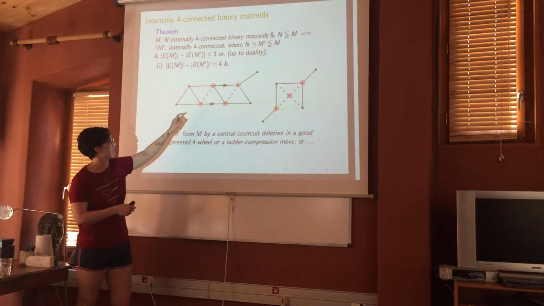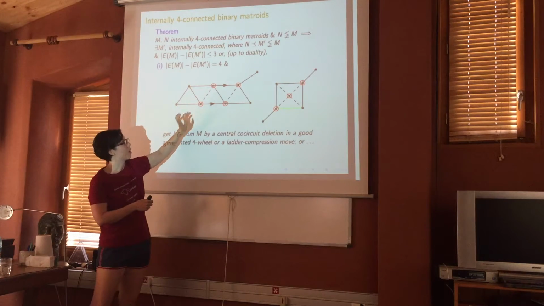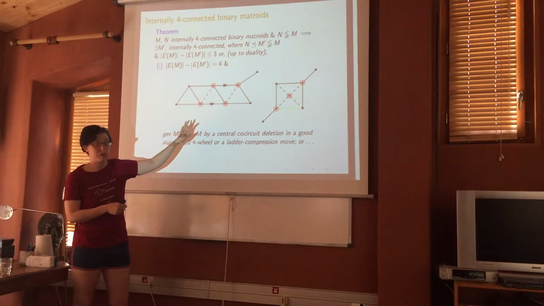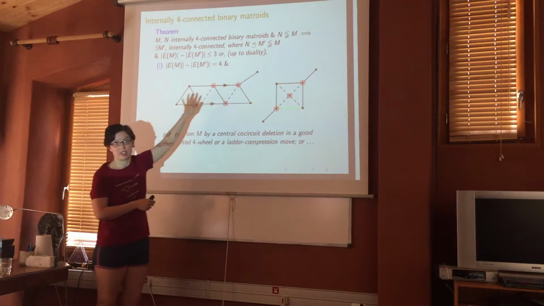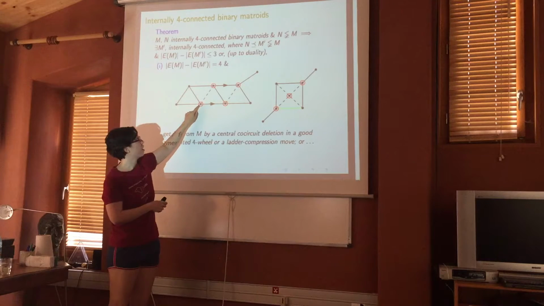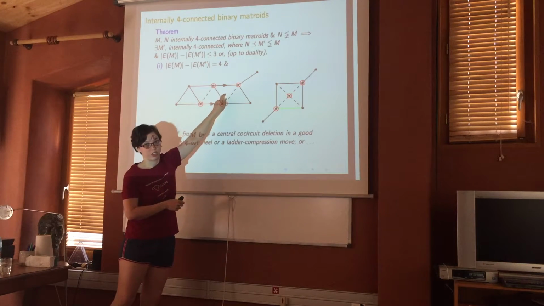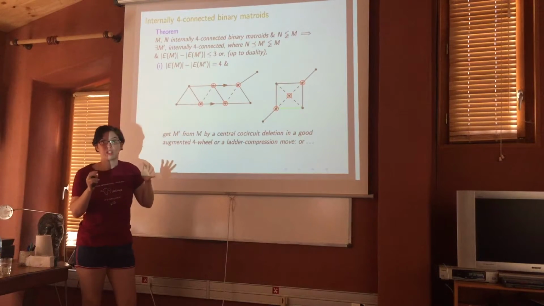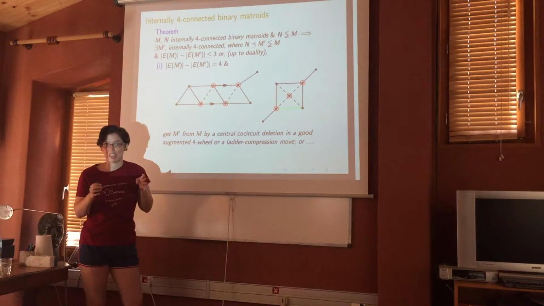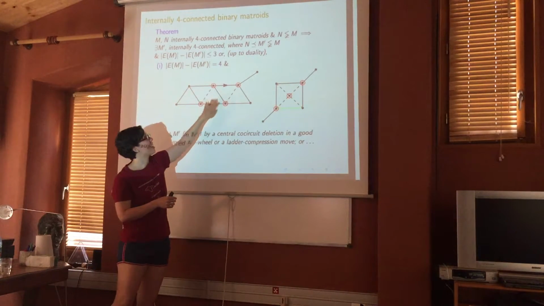The circuits, use the right word. What I know about my binary matroid is that I've got 5 triangles that are in this pattern, and I've got 4 co-circuits, and they're in this pattern.